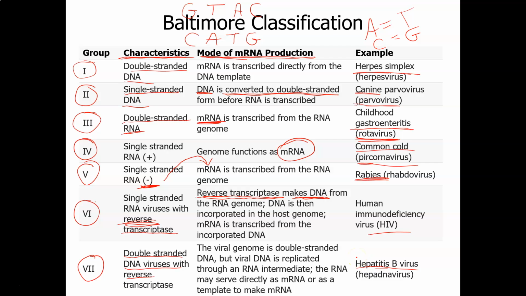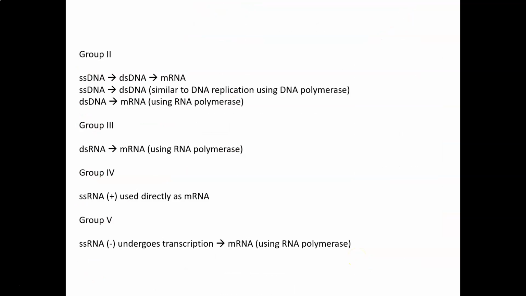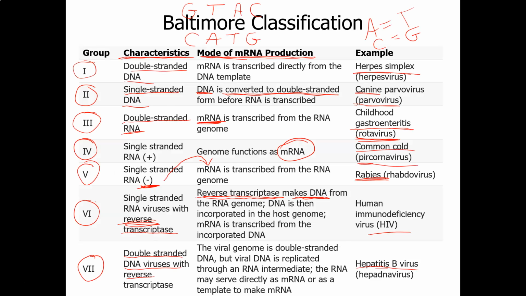You know, there's different types of hepatitis. All right, so this is just to show you what happens in each group. In group 1, you have single-stranded DNA. No. I'm so sorry.